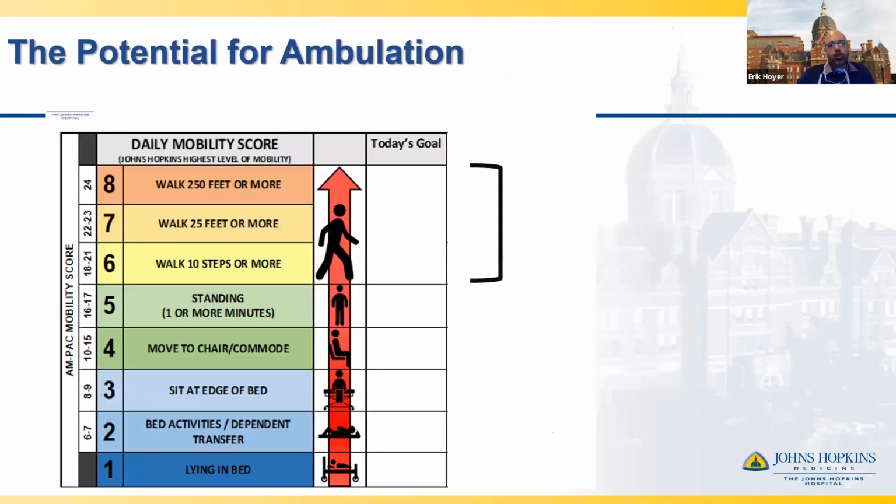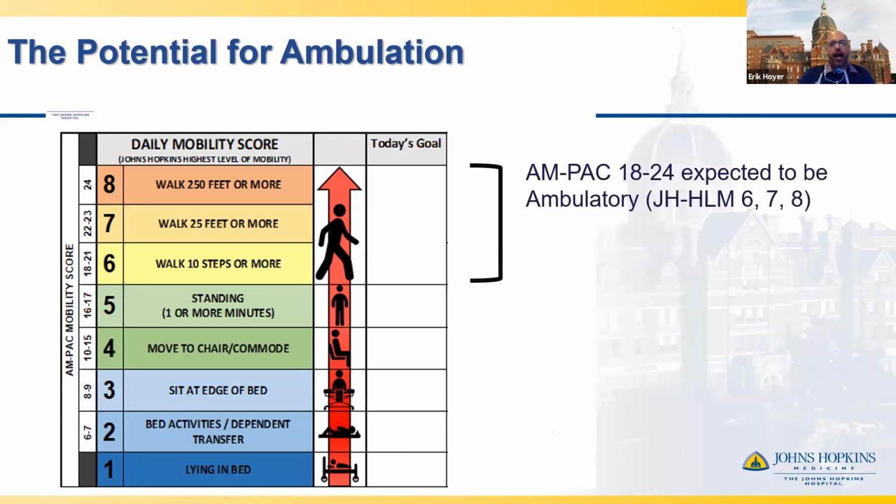Okay, so now let's go back to this question of the potential for ambulation, and this is why it's going to become important for this analysis. One of the things we wanted to consider, and this algorithm should look familiar, I presented it a few slides ago, is that based on the research we've done, these clinical studies, we expect that patients with an AMPAC score of 18 to 24 should be ambulatory.